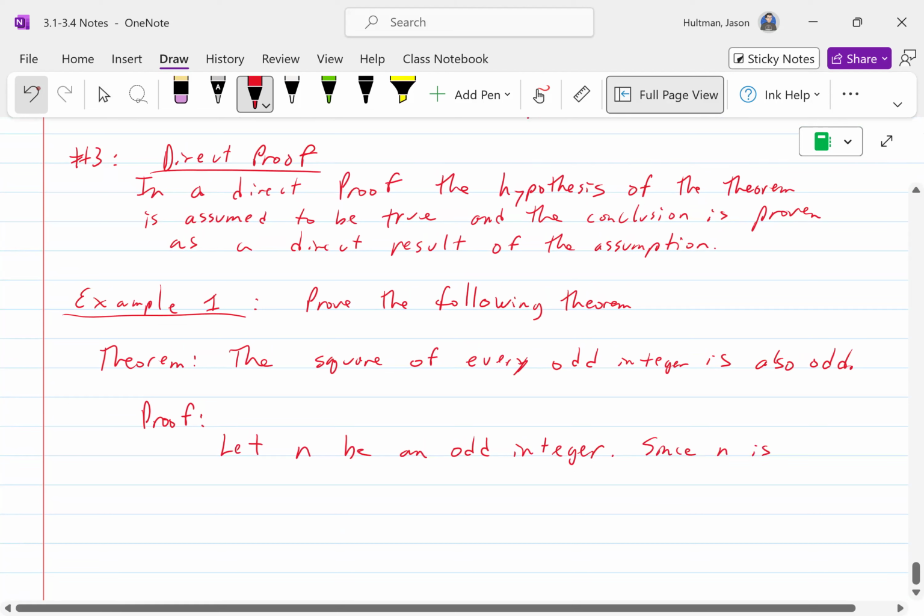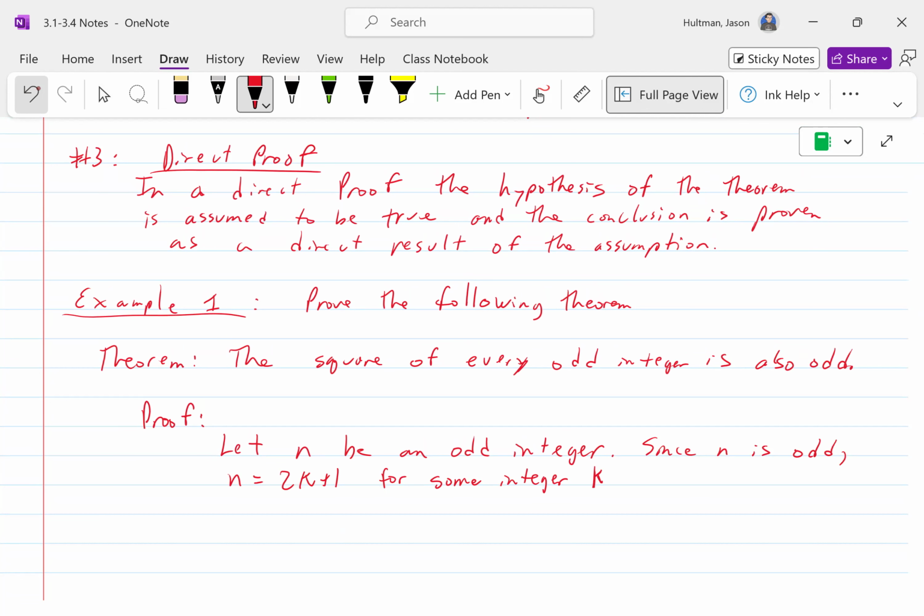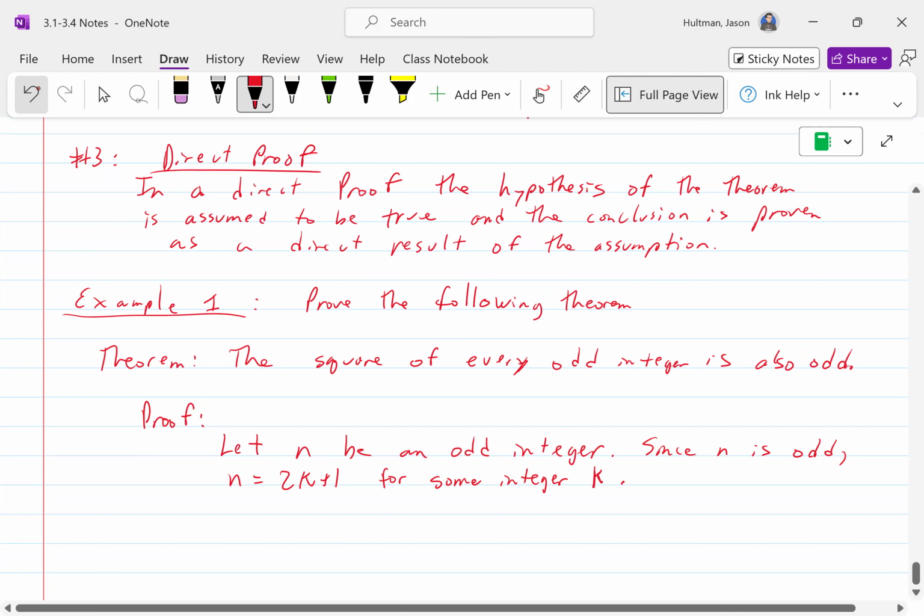Since n is odd, n is equal to 2k plus 1 for some integer k.